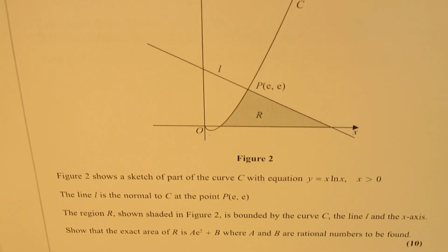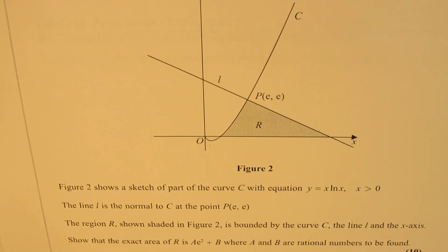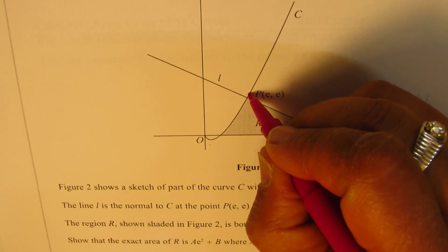I'd like you to go through this and try to understand how we find the area of this shaded region R. To begin with, what we are given here is that this line is perpendicular, right? Normal.